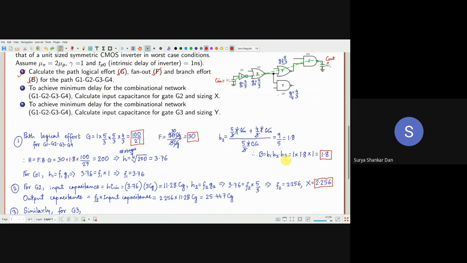Capital B is 1.8, capital G is what we have calculated earlier, 100 by 27. That essentially becomes 200.